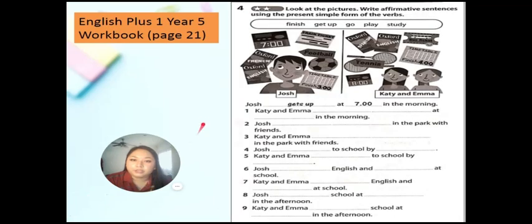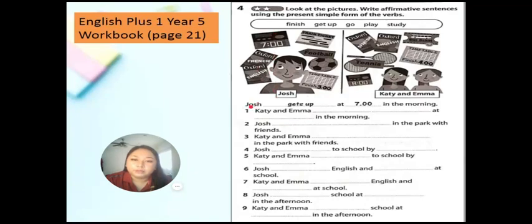Next one is activity 4. Okay, activity 4, you need to fill in the blanks. Number 1 until number 9. Look at the pictures. Write affirmative sentences using the present simple form of the verbs. Okay, let's see the example. And then let's see the words in this box.